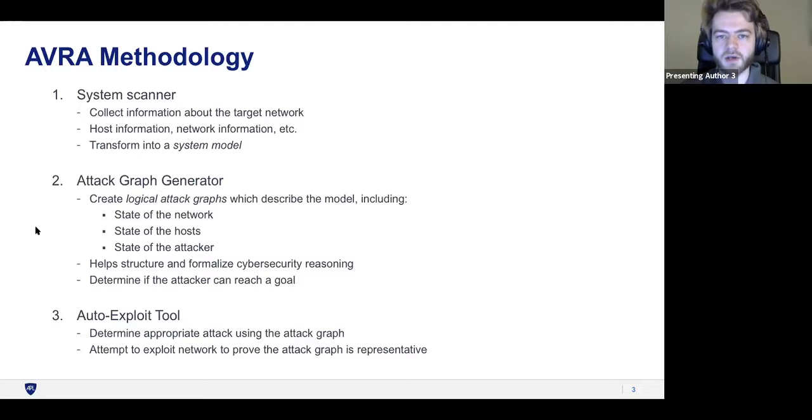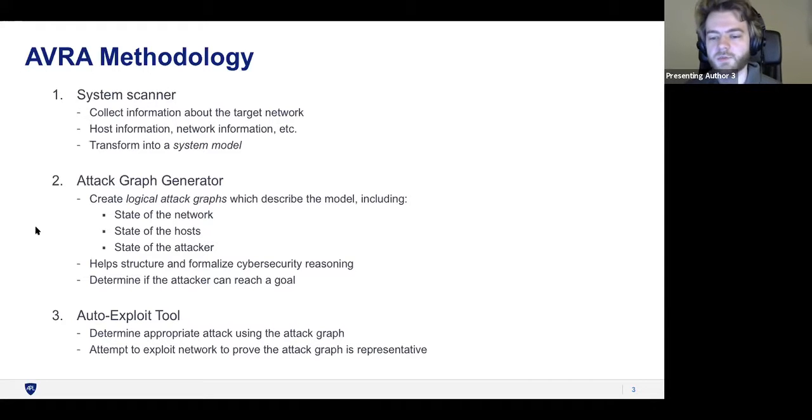We take a target network, you could think of it like a real enterprise network, and we get host information, we get information about the network topology, operating systems, running processes, all these things, and comprise that into what we generally refer to as a system model. So it's not an exact representation of that system, but an abstract representation that tells us the things we're going to need to know to make that attack graph.